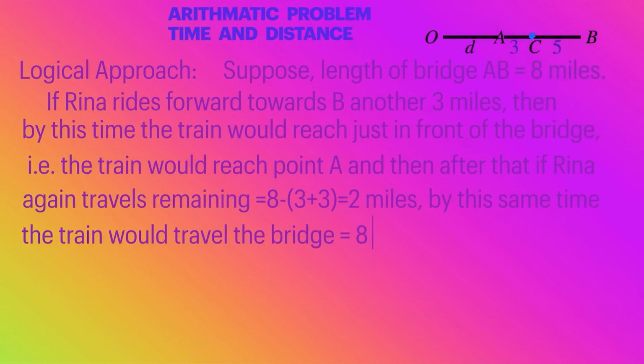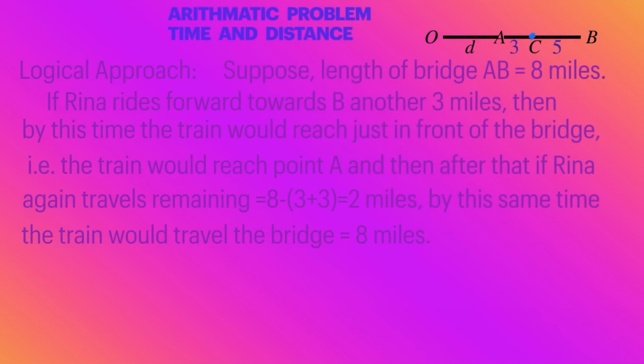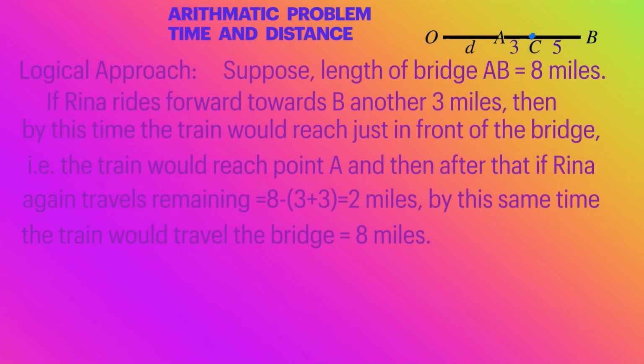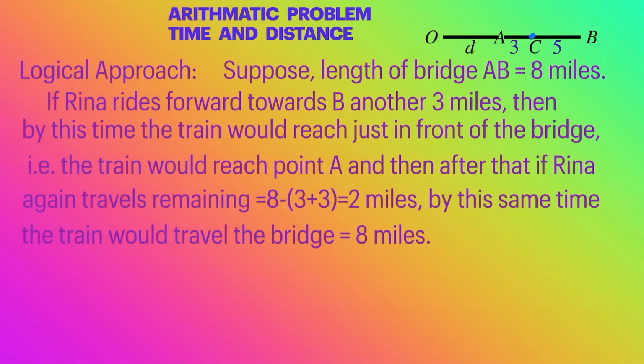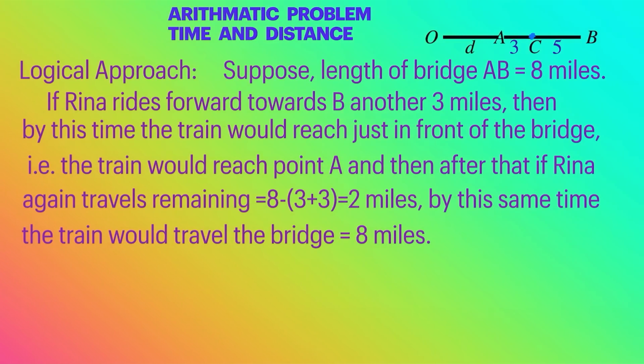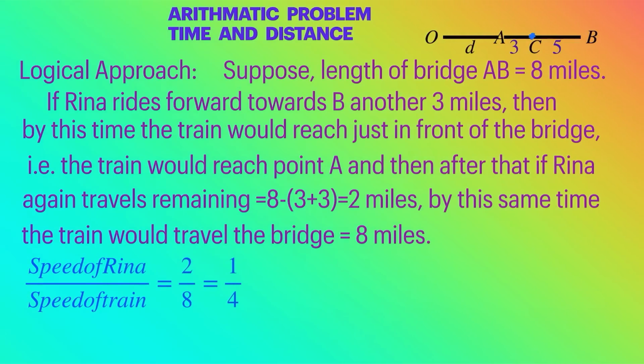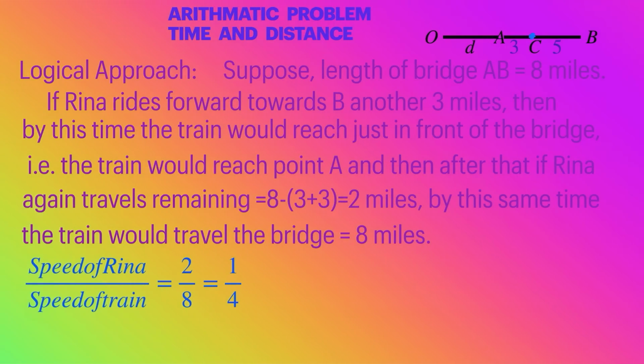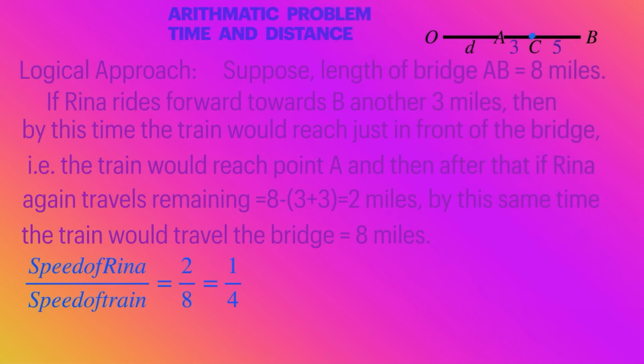So here is the secret relation. The time taken by Rina to travel 2 miles is the same time in which the train would travel 8 miles, that means the whole bridge.